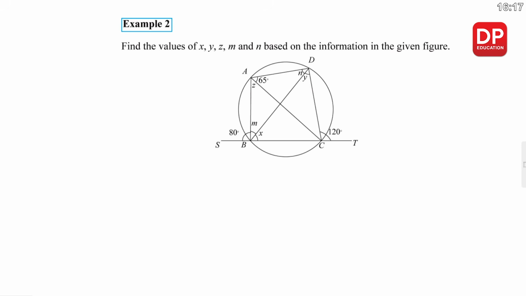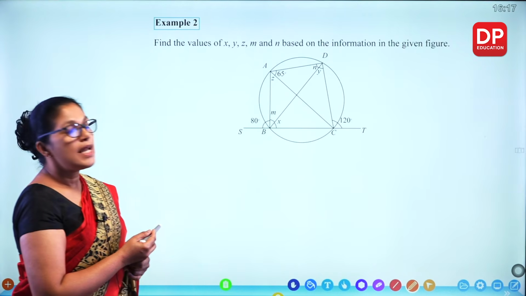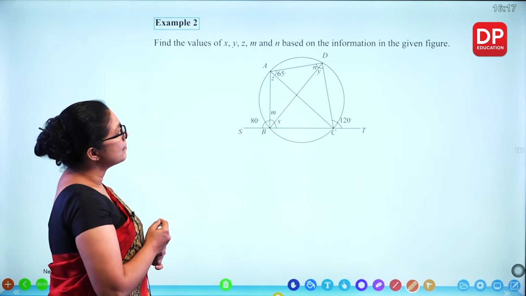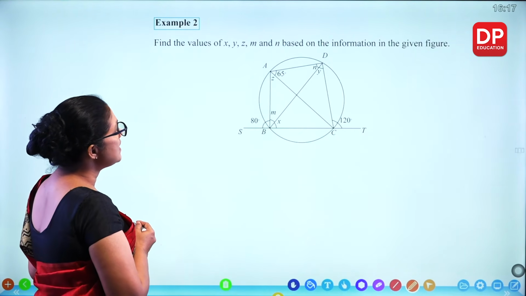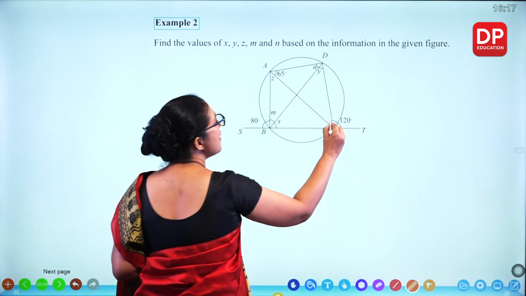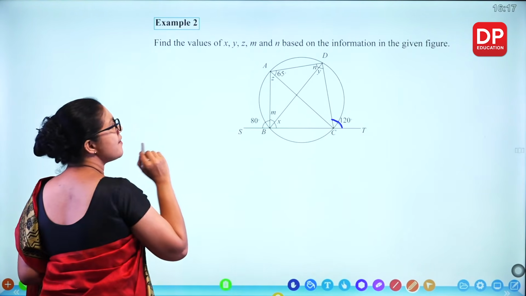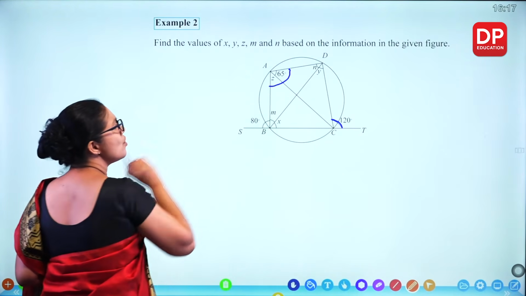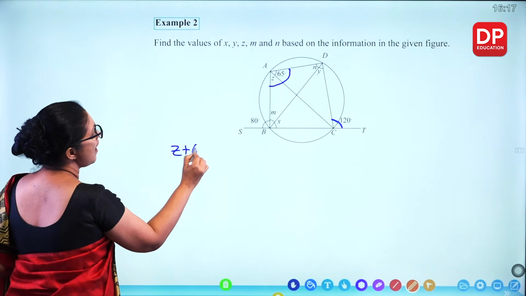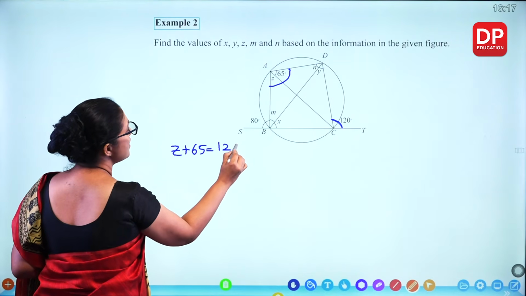Example number 2, find the values of x, y, z, m and n based on the information in the given figure. ADCB is a cyclic quadrilateral. This exterior angle is 120, that's equal to the interior opposite angle. So Z plus 65 is 120.